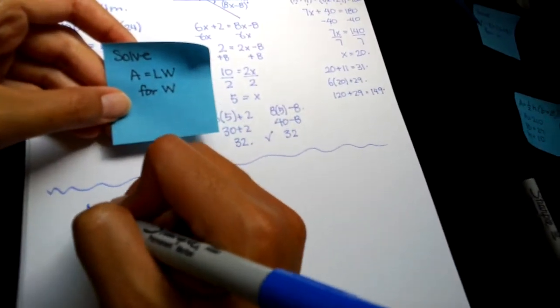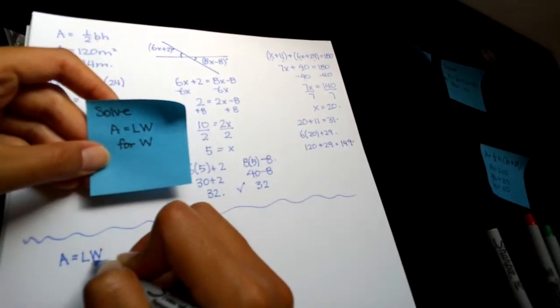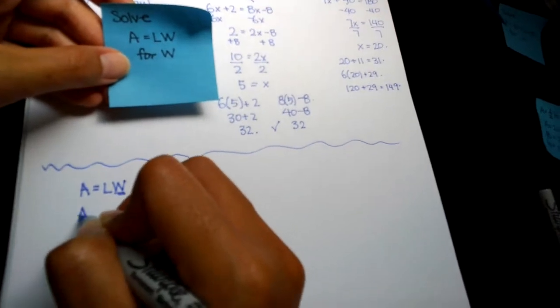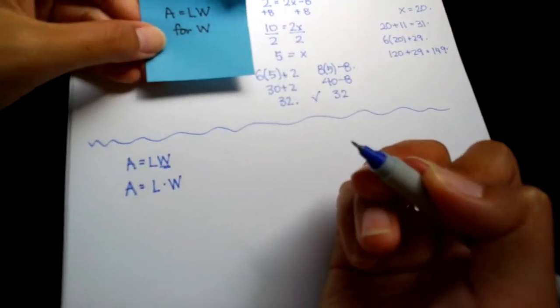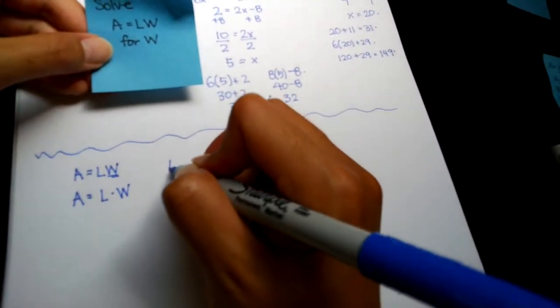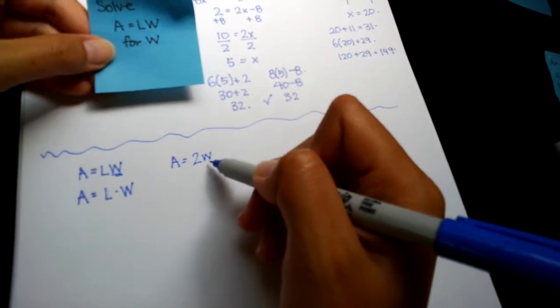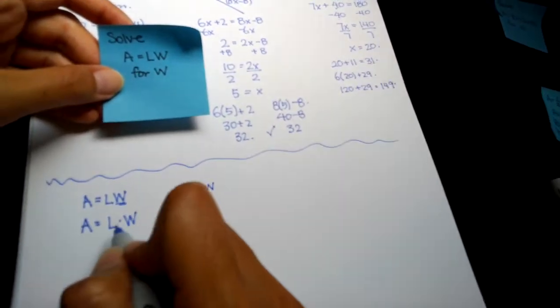So if we have area equals length times width, and we want to solve for W, so if I write it explicitly, it's saying area equals length times the width, right? So just like when we have, say, A equals 2W, and if we want to solve for W, we would divide by 2, right? Same thing here.